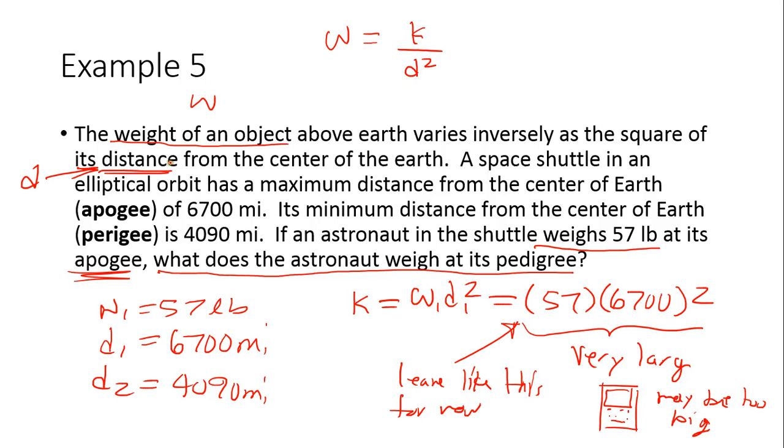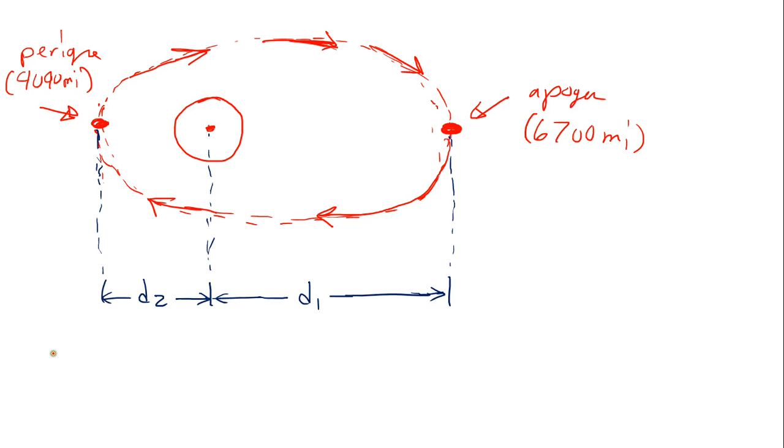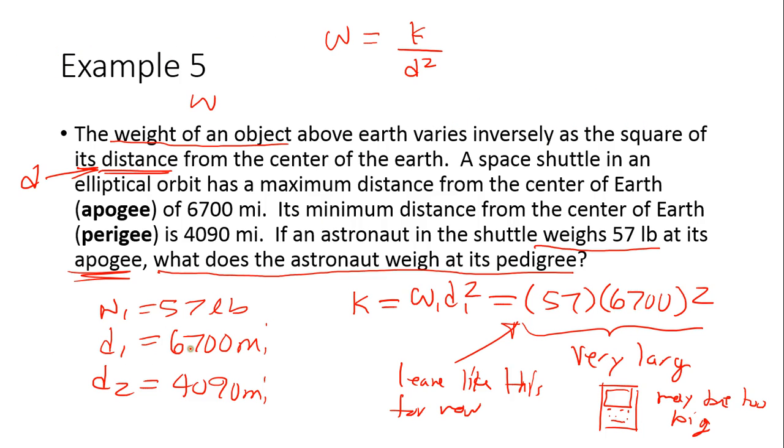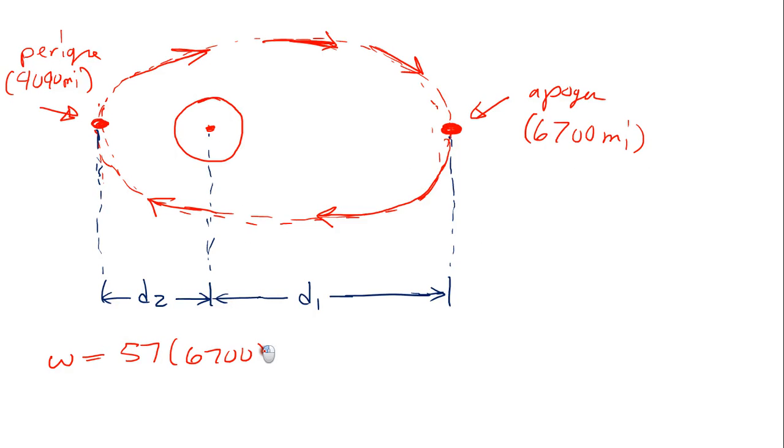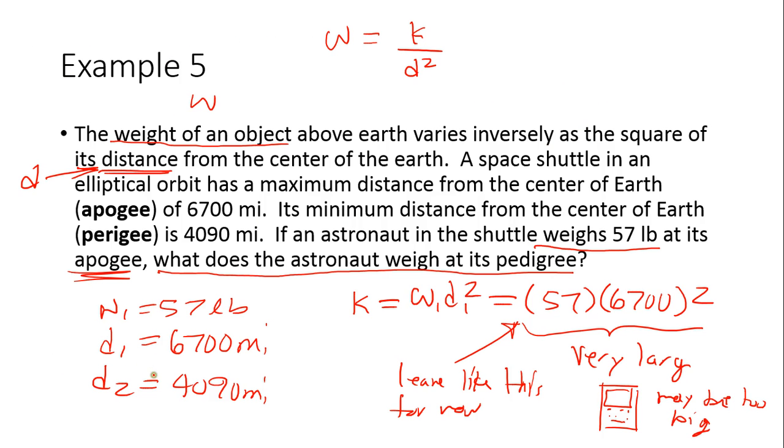So at perigee, let's rewrite our equation. So weight equals K, which is 57 times 6,700 squared over distance squared. What did I do? Wait a minute. I think I wrote something wrong.